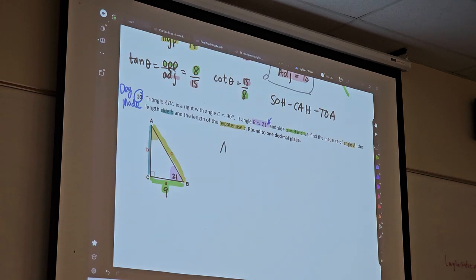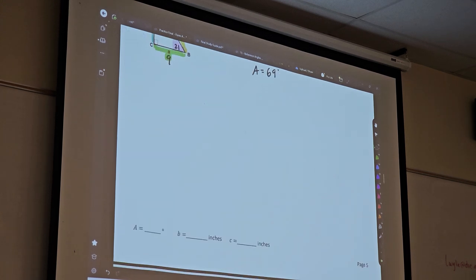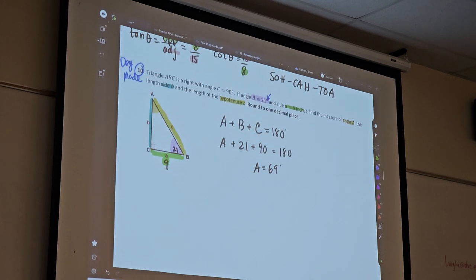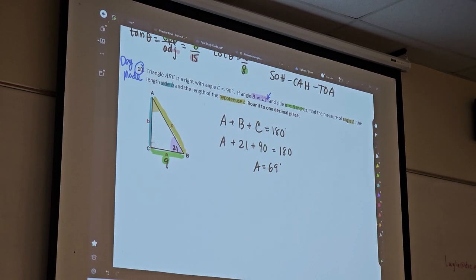Angle A plus B plus C is 180. So that's one thing. 180 degrees in a triangle.